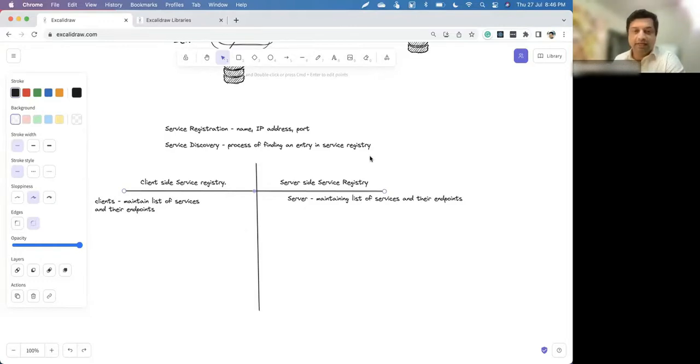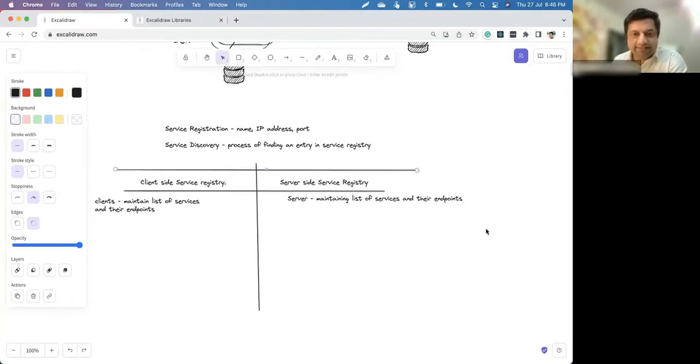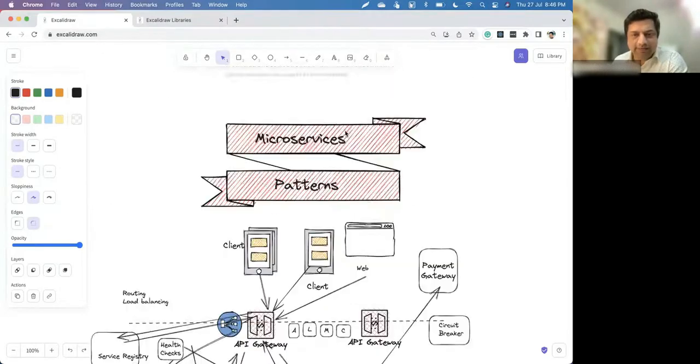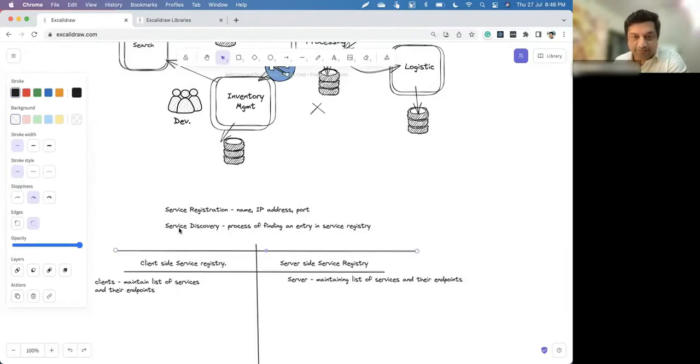Whatever is there in the infrastructure, they may be using server-side or client-side service registry, and you will have to work accordingly. You don't have to create the service registry yourself. Service registry is a feature provided by the infrastructure. The only thing to remember is that the client is responsible for service registration and querying the service registry, right?